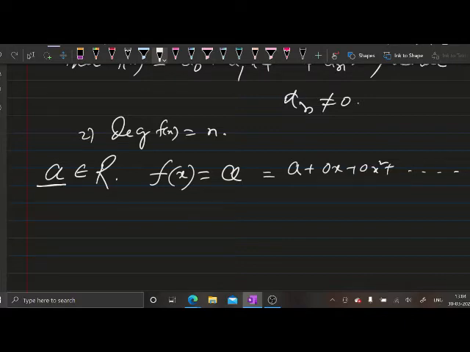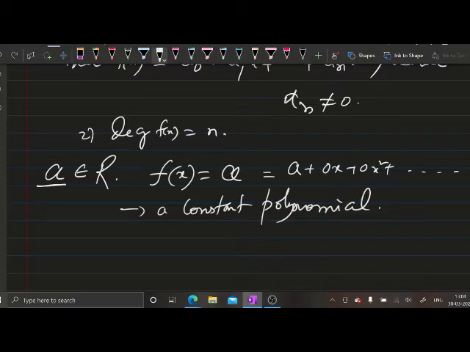So this is a constant polynomial. So every element of that ring is actually a constant polynomial. So you can view the elements of the ring as polynomials in R.